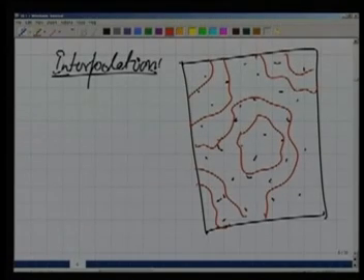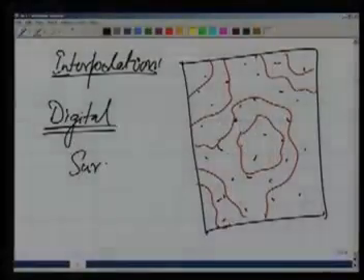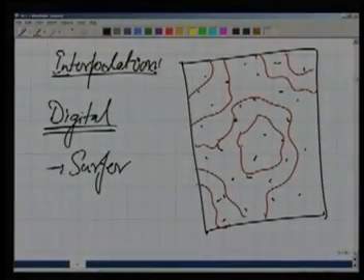So in that case, the method is digital. It means we are making use of the computer and we have some algorithms. Whatever we are doing manually in order to interpolate the contours, these algorithms do the same thing in the computer. There are many softwares for that purpose, like Reservoir is a very common one.